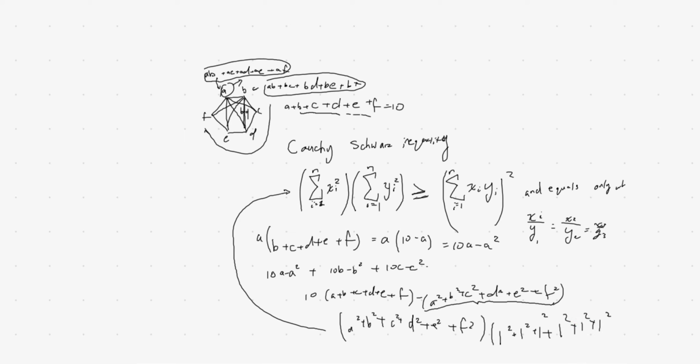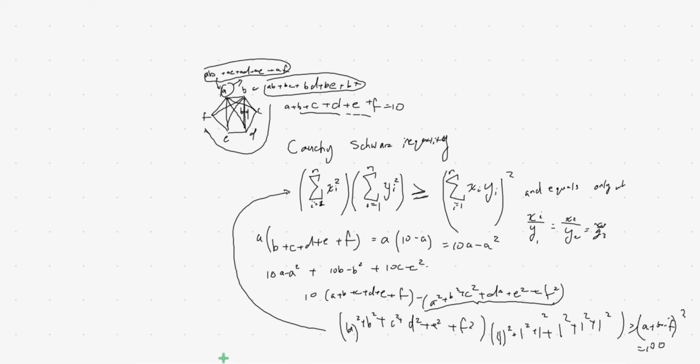The reason we want to do this is so that we can use a times 1 plus b times 1 and so on on the right. So that is greater than or equal to (a plus b plus all the way to f) squared. Well, we know this is 10, so this part is 100. And since there are 6 terms, the minimum that this part could be is 100 divided by 6.